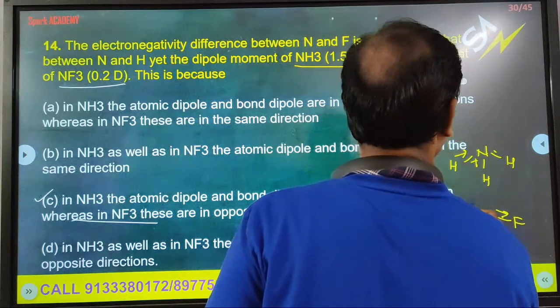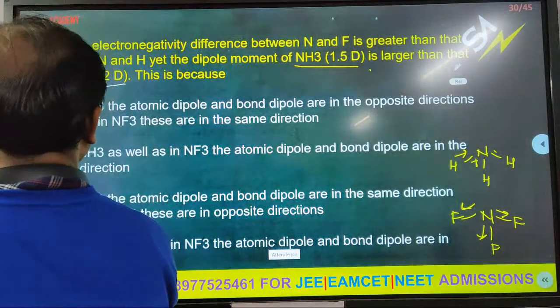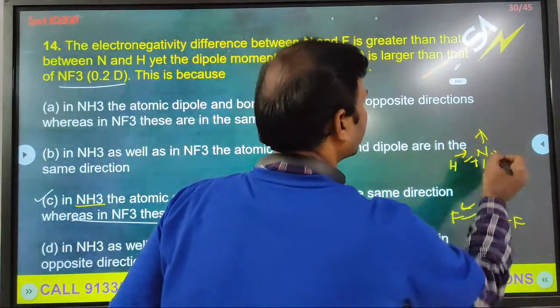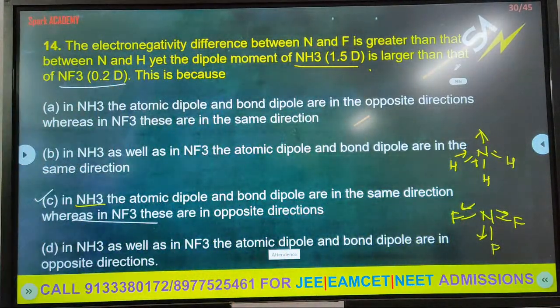Due to that, in NH3 the atomic dipole and bond dipole are on the same side, but in NF3 the direction changes to the opposite side. So the answer is C for the 14th.